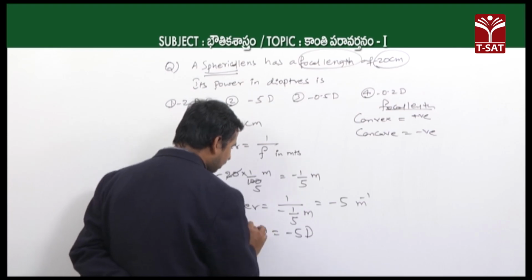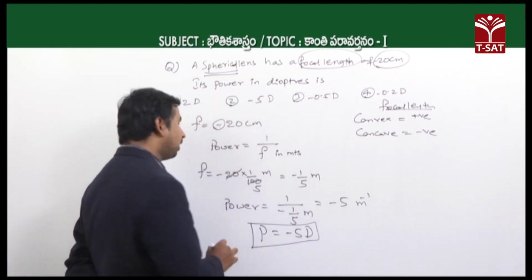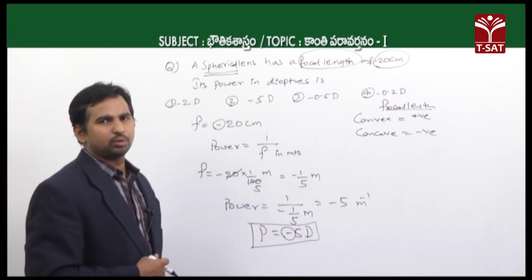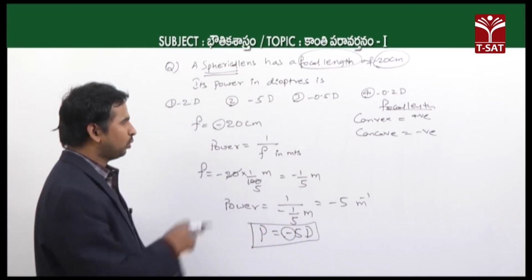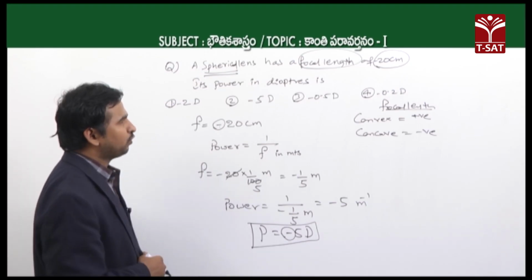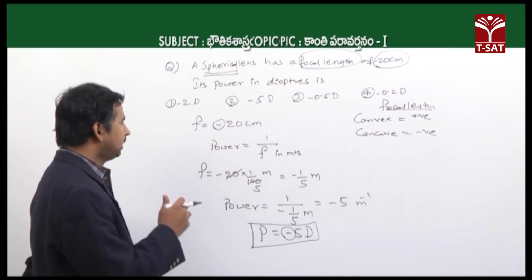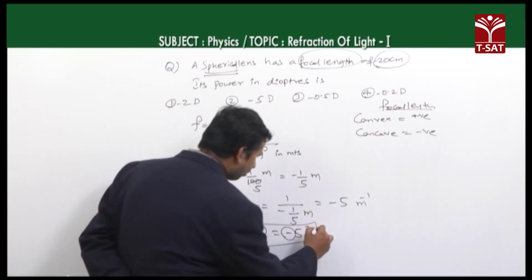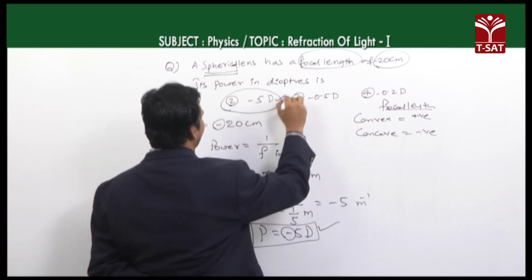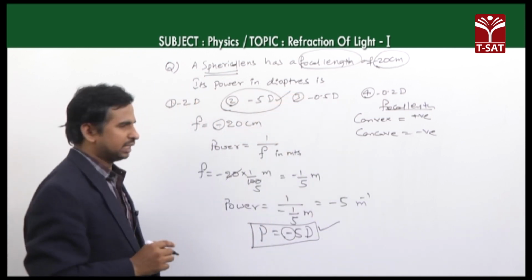So finally, we got the power of the given concave lens, and we got the minus due to the sign convention for the case of concave. So, this concave lens having focal length of 20 centimeters has a power equal to minus 5D. Of the given options, minus 5D is the second one.